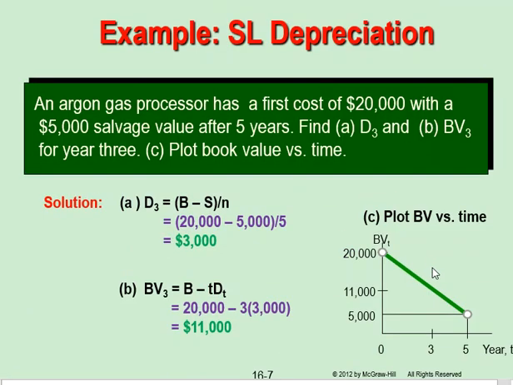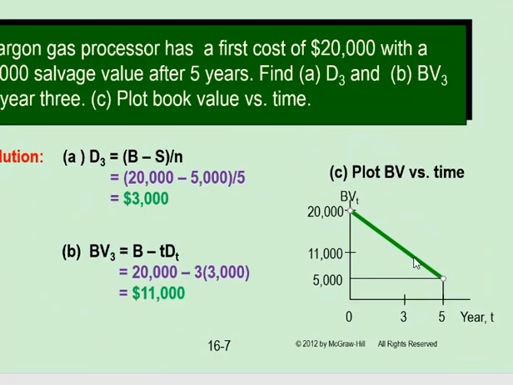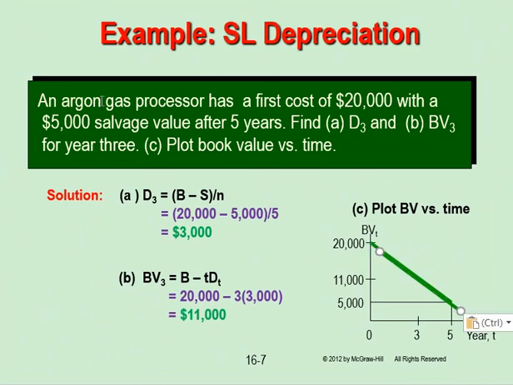You can tell it is a negative slope. Sorry, positive slope, how is it going to look like? It's going to be this way. This is a positive slope. But this one here is a negative slope.